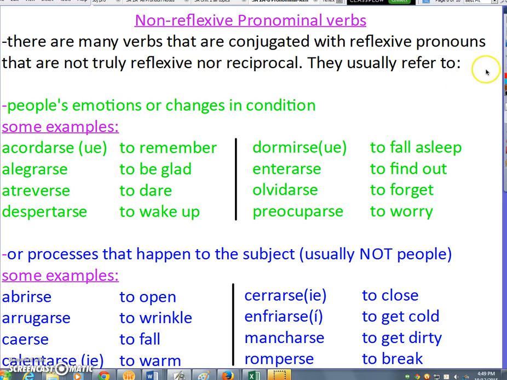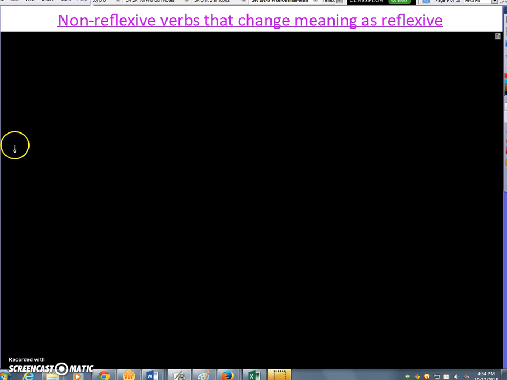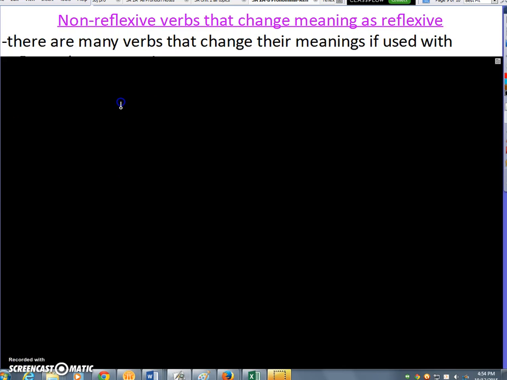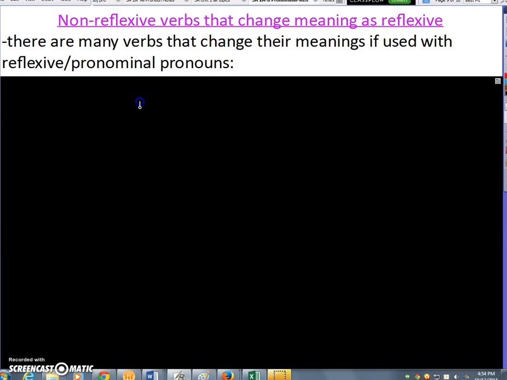And we've got one more thing we need to know about pronominal verbs, and it is this: there are many verbs that change their meanings if used with reflexive or pronominal pronouns. For example, you may remember that dormir means to sleep, but dormirse means to fall asleep. That's what we mean here.